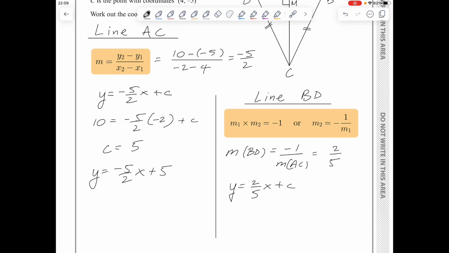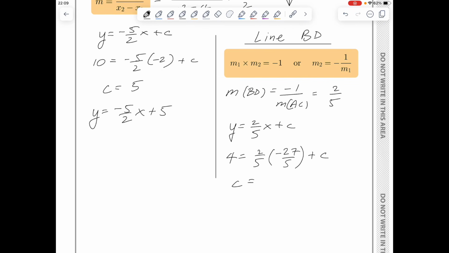Now I don't have an option here, the only point I know on this line is point B, so let's substitute the coordinates. 4 equals 2 over 5 times minus 27 over 5 plus c. If you solve for c, you'll get a value of 154 over 25. Therefore, the equation of this line is y equals 2 over 5x plus 154 over 25.